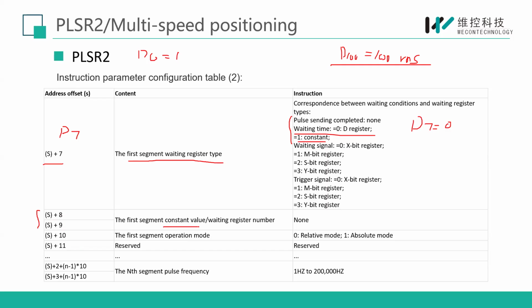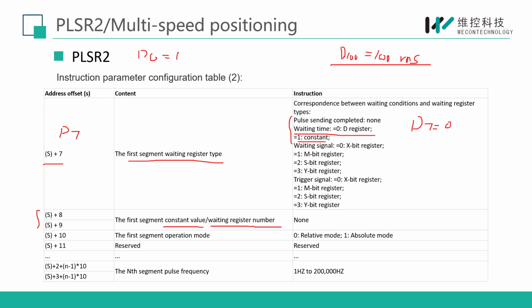This is the constant value or waiting resistor number, because we choose the waiting time in here. So this is the constant. So this is the waiting resistor number.